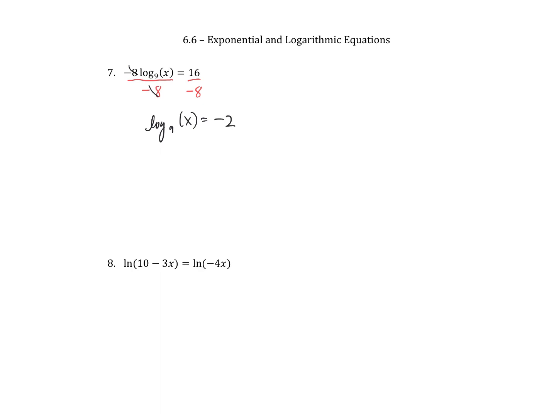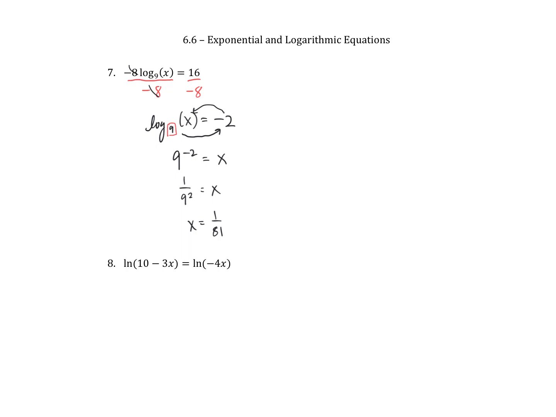And then I can rewrite it in exponential form. So first identify the base, and then go back and forth across the equal sign. So it's base 9 raised to this negative second power is equal to x. And so this would just be 1 over 9 squared, which is 1 over 81.